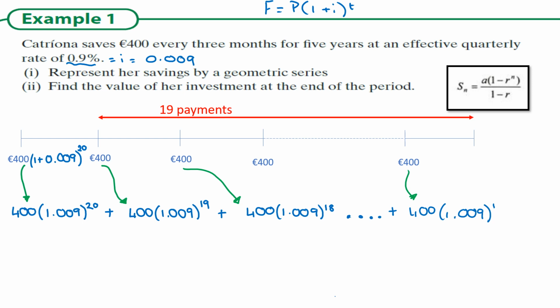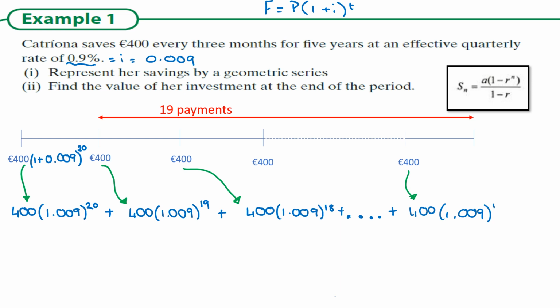And if I calculated each of those pieces and the dot, dot, dots in the middle, and I add them all together, I'm going to end up with how much money Katrina has at the end. However, that will be long and tedious.